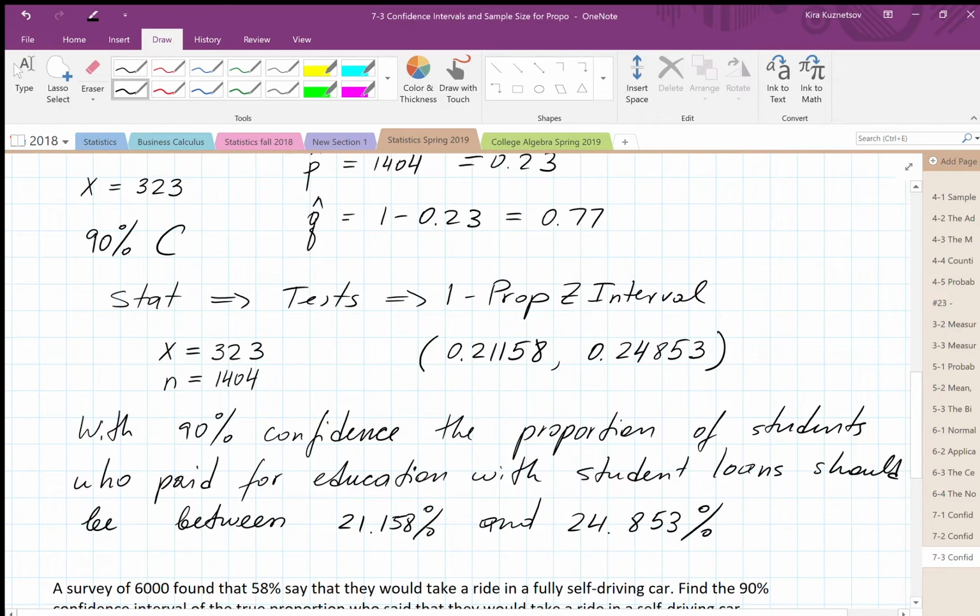So these are the percentiles that you were given. This is why all of the numbers in one proportion z interval is going to give you a 0 first.